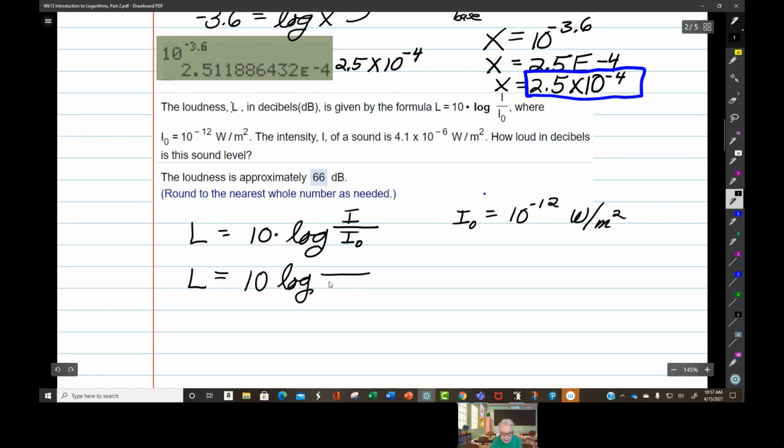I naught is 10 to the negative 12, and I is 4.1 times 10 to the negative 6. Well, here I thought I was going to get away with not using scientific notation, but just take care here.